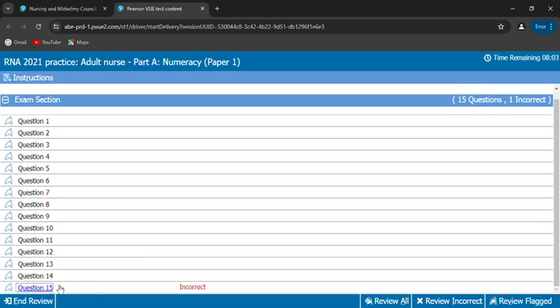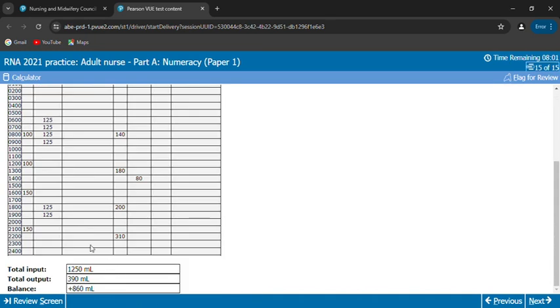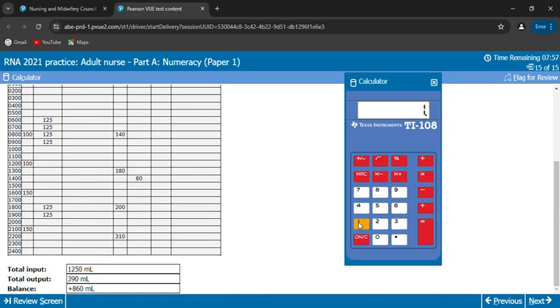Some we did wrong in this one, so we will do 100 plus 100 plus 150 plus 150 plus 125 plus 125 plus 6 times 125. So our input is correct.